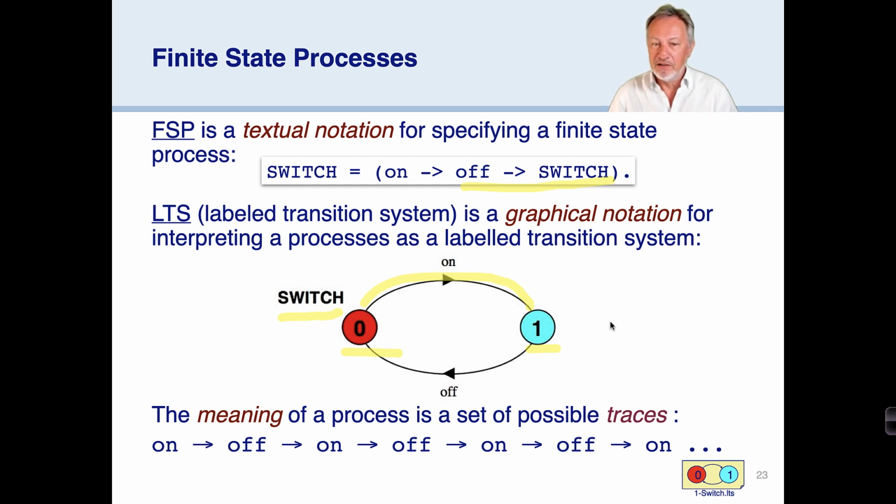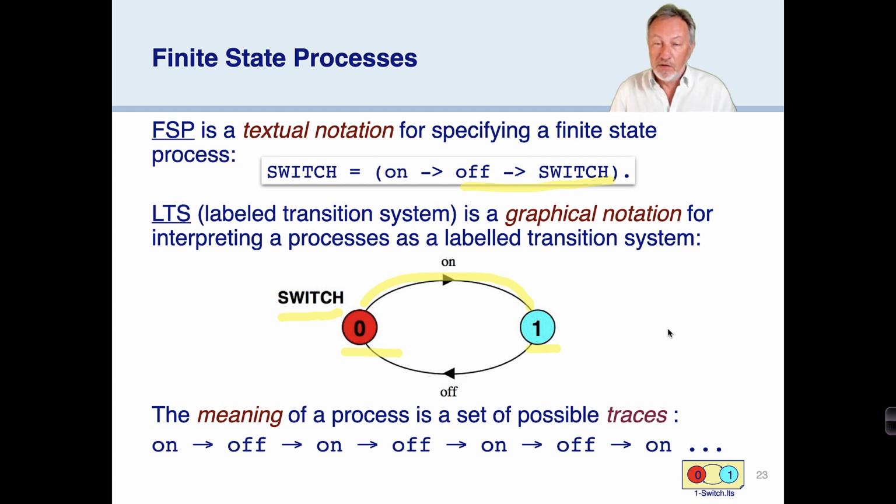So we're basically switching between these two states back and forth. Now, what's the meaning of such a process? The semantics. Essentially, we want to think of a process as being a trace, so that is a sequence of actions that can be performed until it stops. So it may be either a finite string or an infinite string, a sequence of actions.